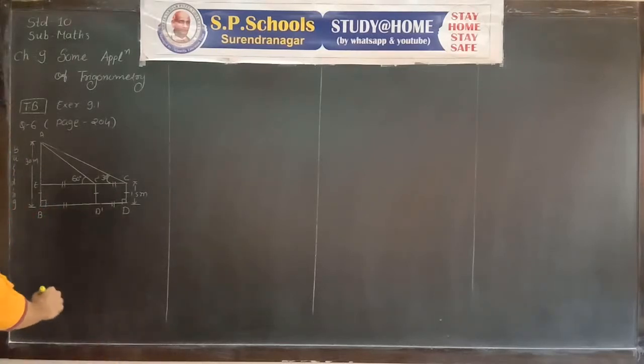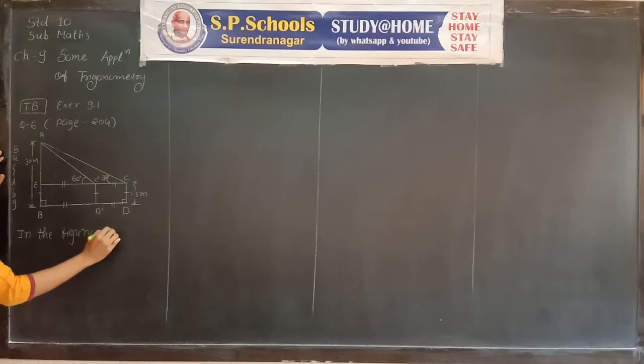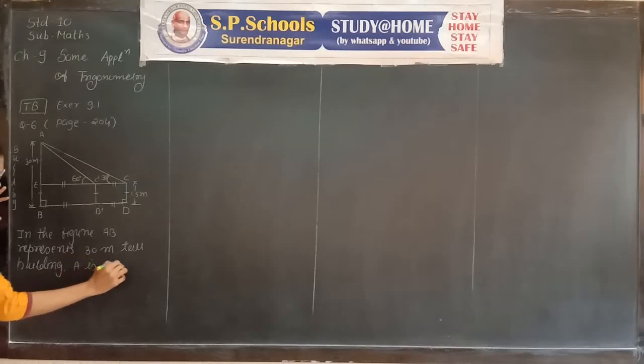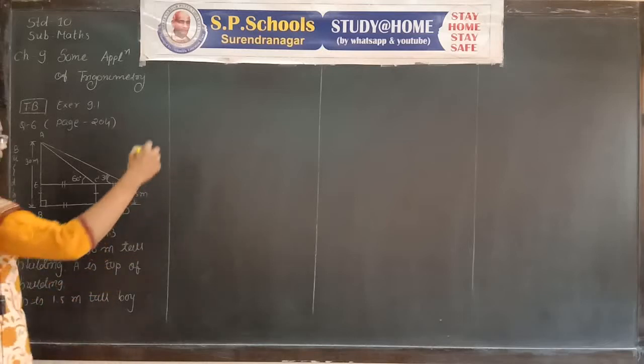Now write the description of the figure. In the figure, AB represents the 30 meter tall building. A is the top of the building. CD is the 1.5 meter tall boy.